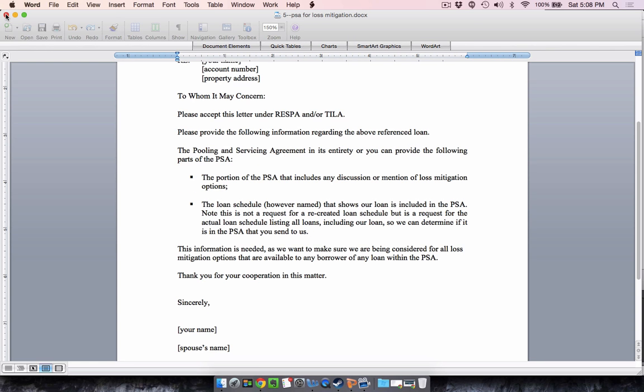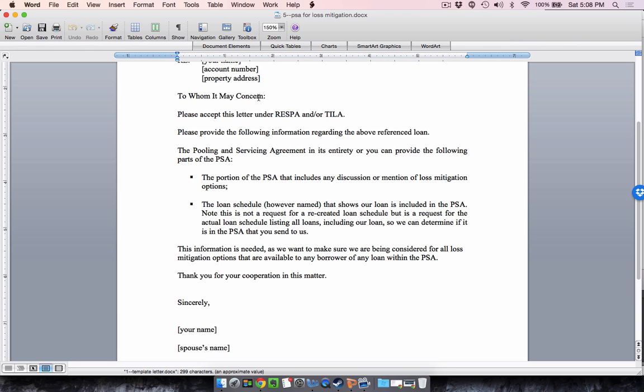Now, the next letter asks for the pooling and servicing agreement. I'm not going to get into all the ways the financing works, but typically your loan is not held by the bank. It's sold to a trust, and there's an agreement that controls that trust.